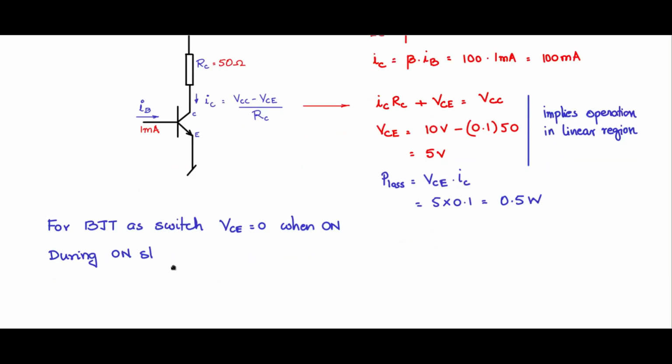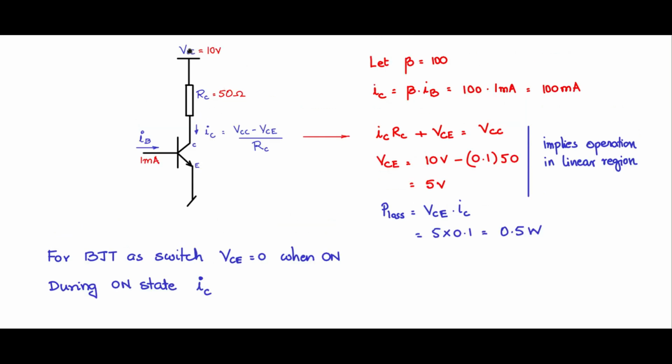So during the on state, when VCE is 0, what is IC? IC is nothing but VCC minus 0 divided by RC. So it will be VCC by RC, which is 10 volts divided by 50, which is 0.2 amps, or 200 milliamps.